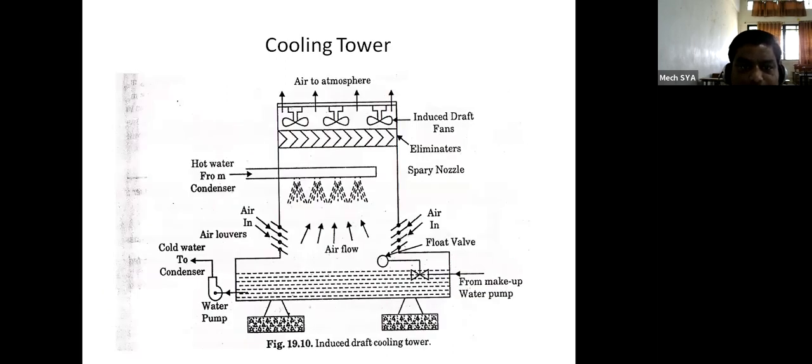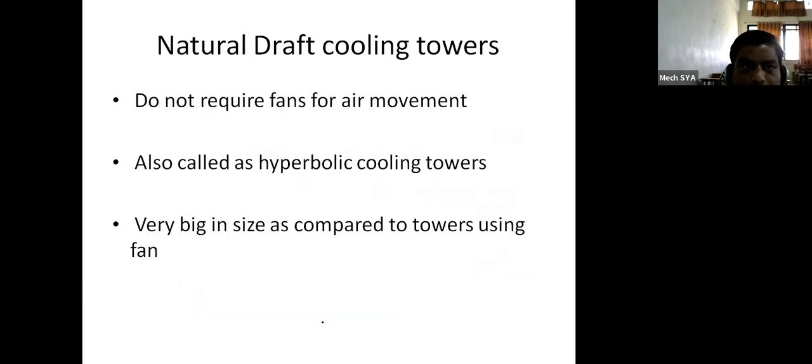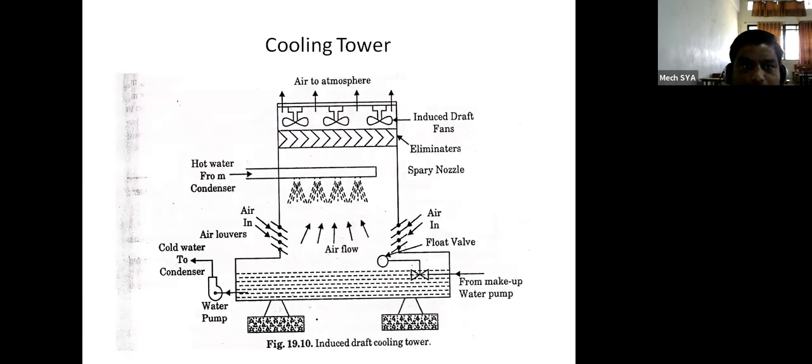So this is a cooling tower. We want to cool the cooling water coming from the condenser, because it gets heated and we want to reuse that water.